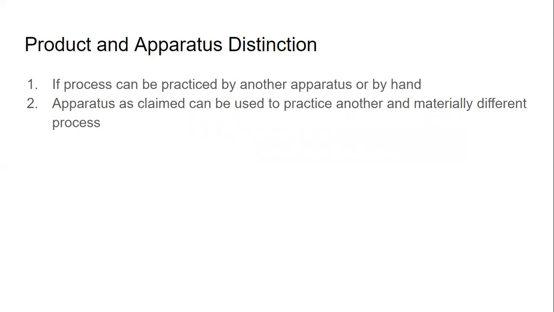In applications involving some sort of mathematical process, if it can be done by hand, then that's not necessarily a distinction that can be made. And if an apparatus can be used to do different processes, then that would require a distinction.